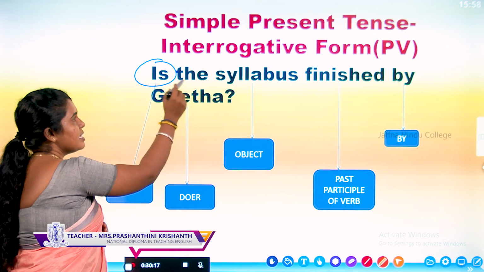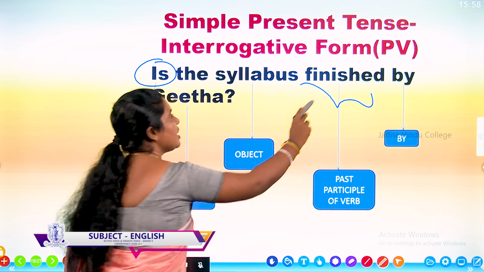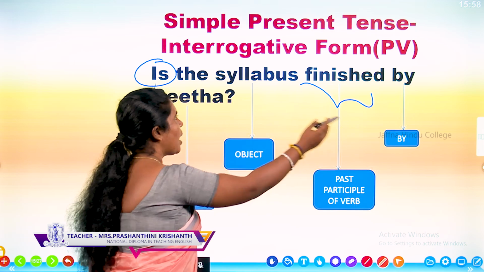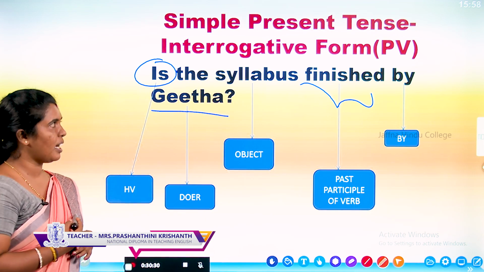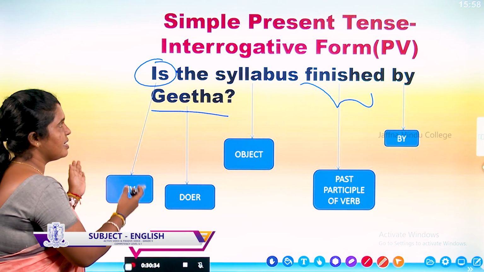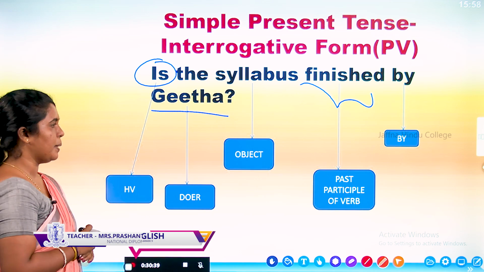Here is the syllabus, past participle of finish, finished by the doer. Who is the doer? Geetha. So when you change that sentence into passive voice, this is the answer. Is the syllabus finished by Geetha?